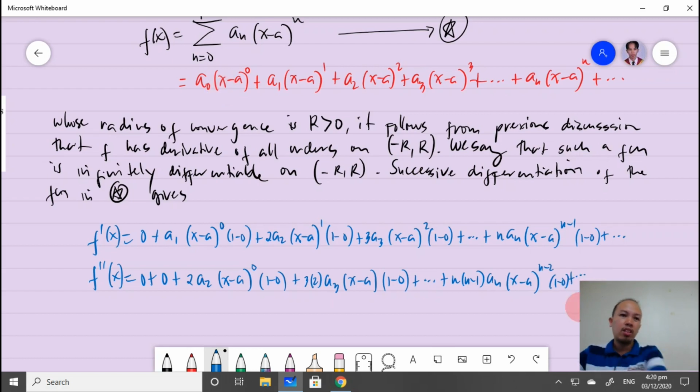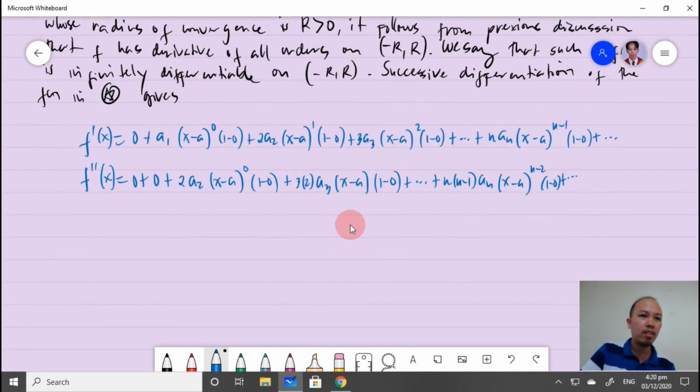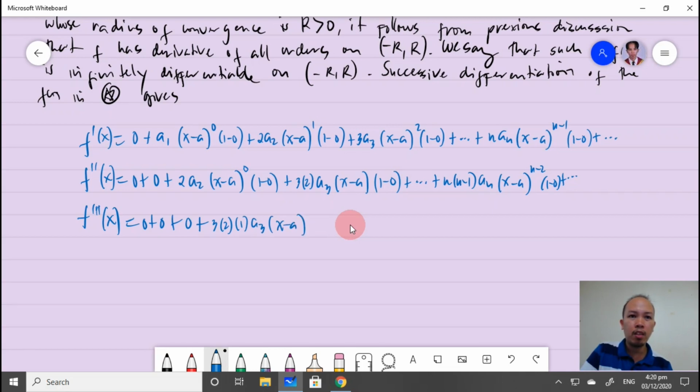Okay, so continuing this process, let's try one more. Let's try to get the third derivative. By getting the third derivative, we have to get the derivative of the second derivative. The derivative of the first term is 0 plus 0. This will become 0. And here we have 3 times 2 times 1 times a sub 3 times (x minus a) to the power of 0.